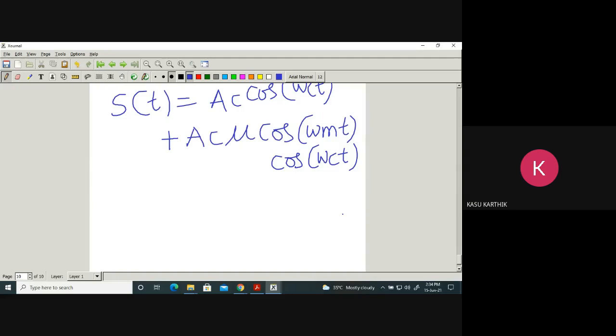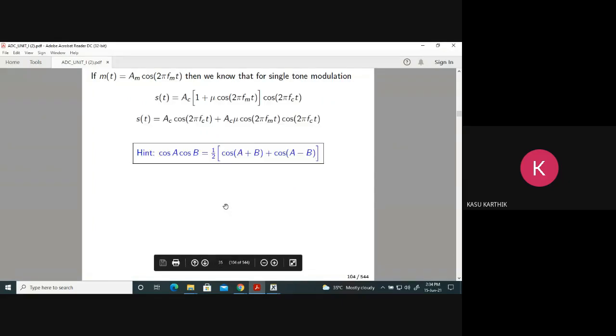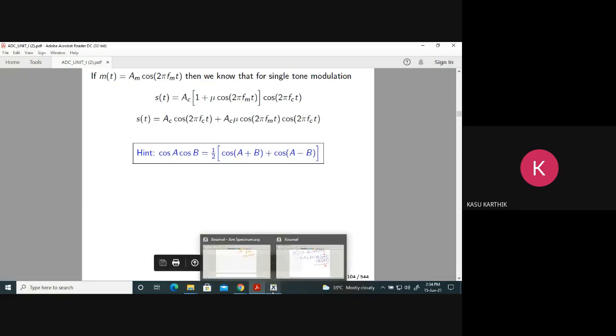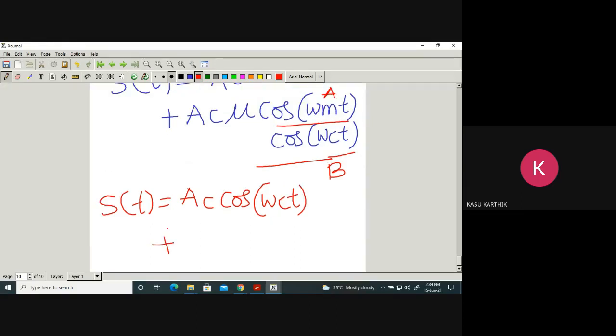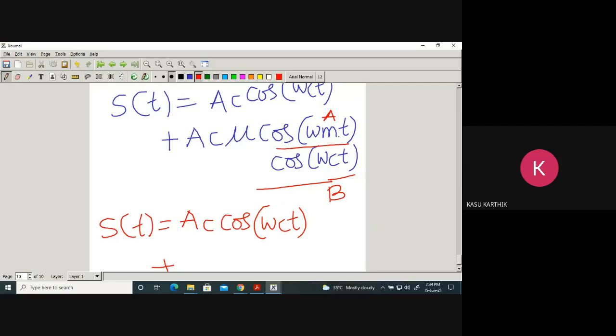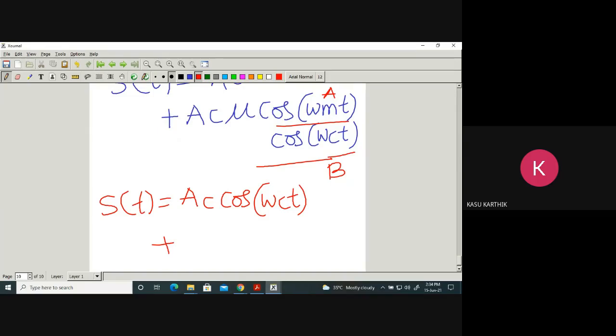Now, what is cos A into cos B? It is one by two, cos of A plus B plus cos of A minus B. Now we can write s of t as Ac cos omega c t plus, with A equal to omega m t and B equal to omega c t, one by two.